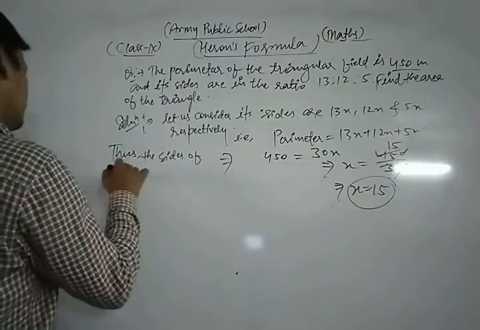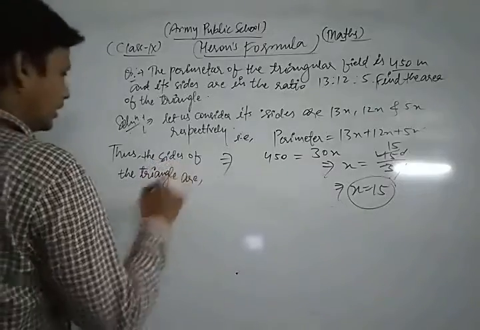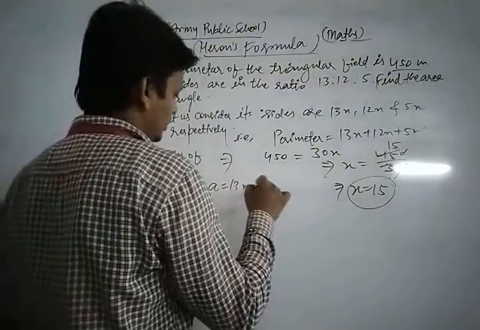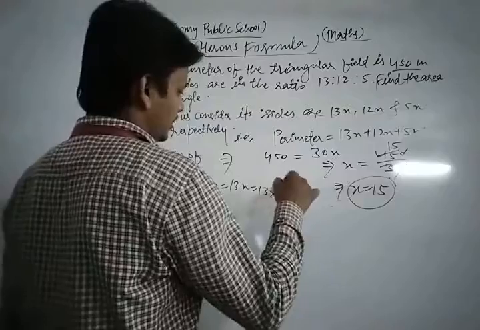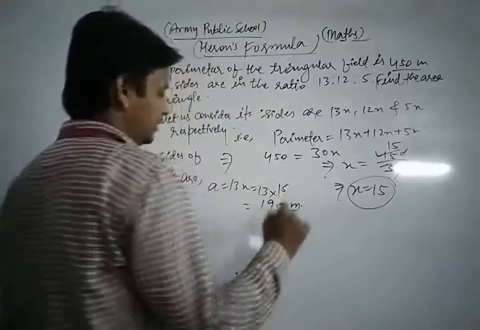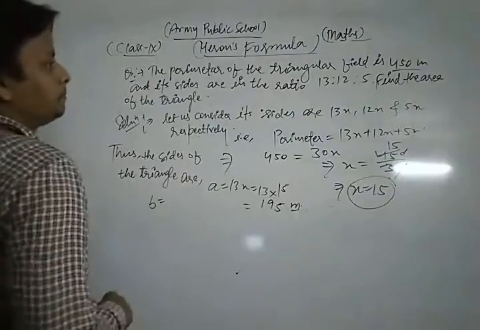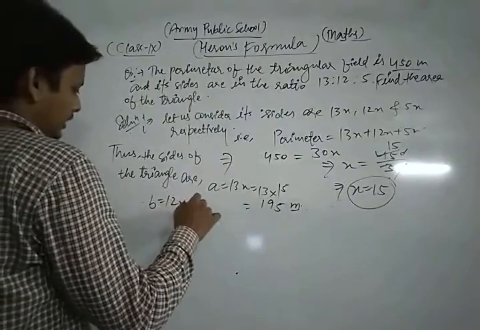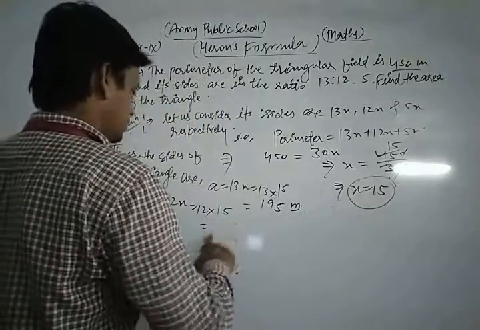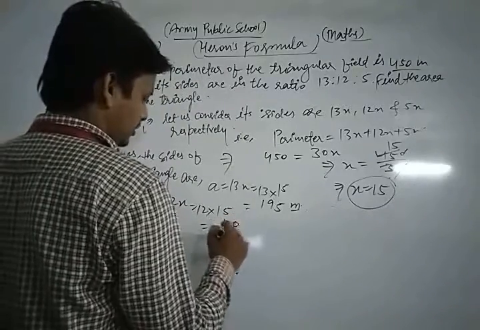Thus the sides of the triangle are: a is equal to 13x, so 13 into 15 is 195 meters. Second, b is 12x, that is 12 into 15, 180 meters.